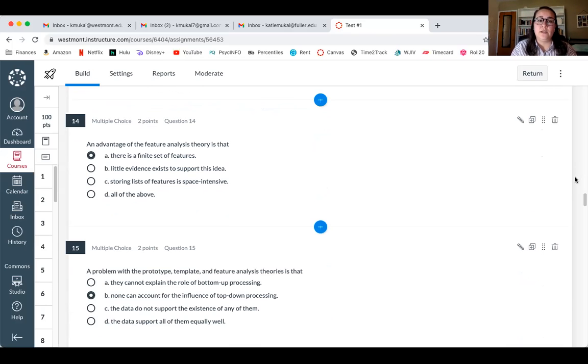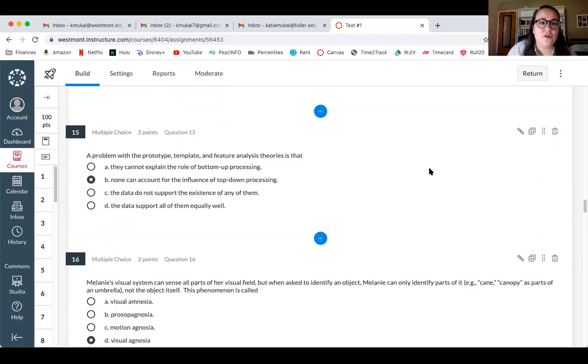Because here it says, well, there are only so many features that you can look at. There's only so much to a shape that you can assess: round, its shape, its color, how heavy it is, things like that. There's only so much that you can store, and therefore you're a little bit more efficient, at least in comparison to template theory.